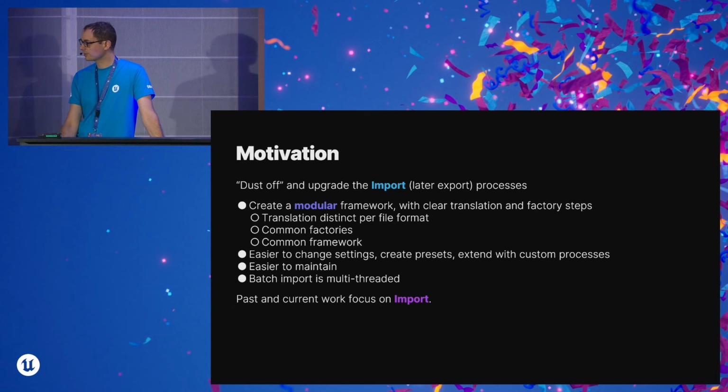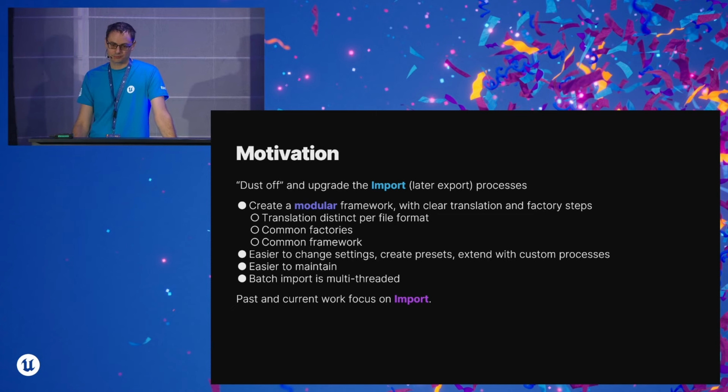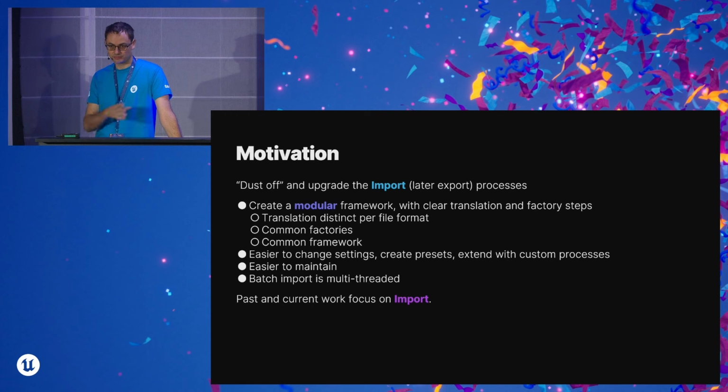But then the factories, we try to reuse the same factories. It comes with different benefits. We make it a bit more open, so it's easier to customize. So change settings for when you're importing, create presets for your import settings. Also extend the existing processes for importing, and even go all the way to add your own translator if you want to add your own file format support.